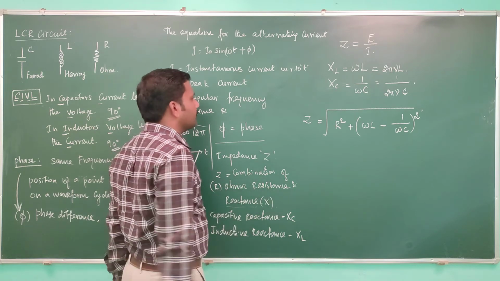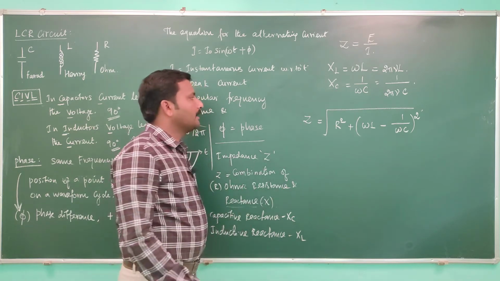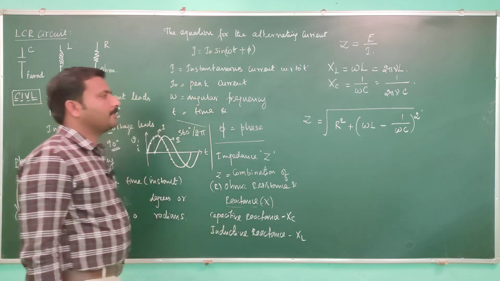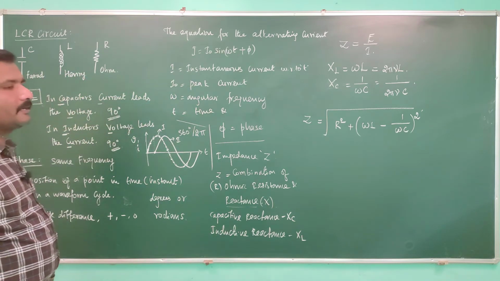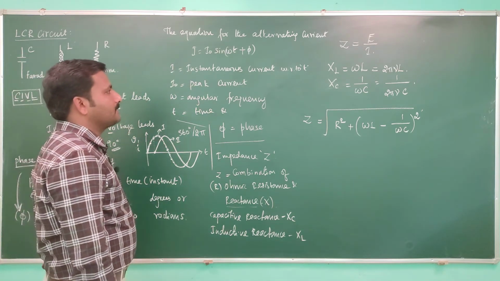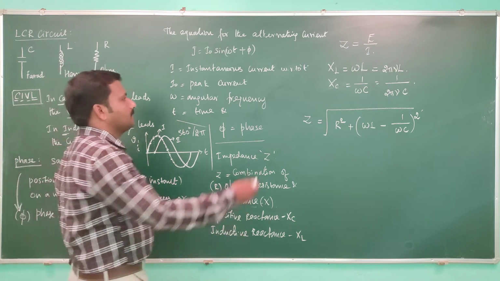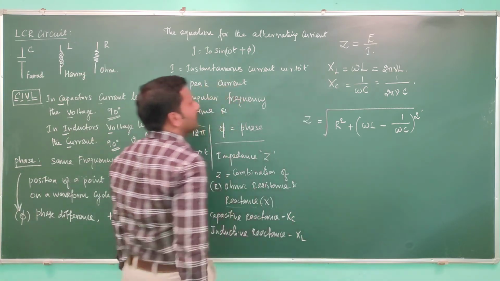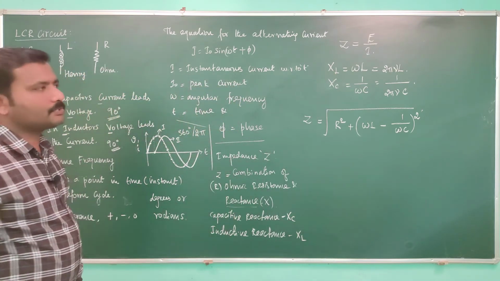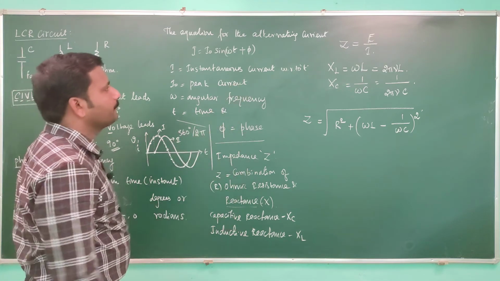Altogether, the impedance is defined as square root of R squared plus omega L minus 1 over omega C the whole squared for an LCR circuit. This is derived from the inductive reactance and capacitive reactance.